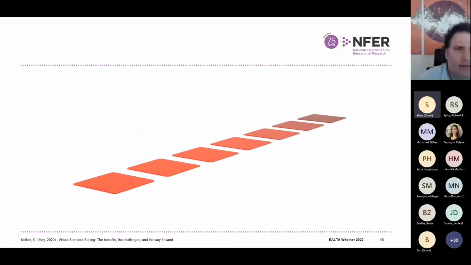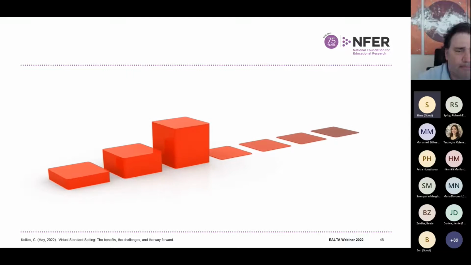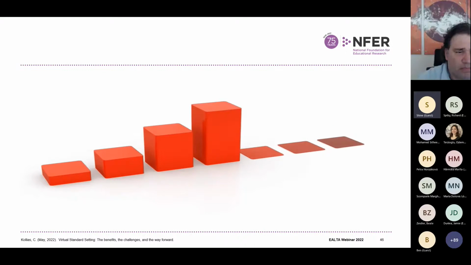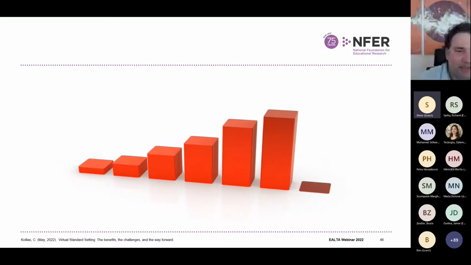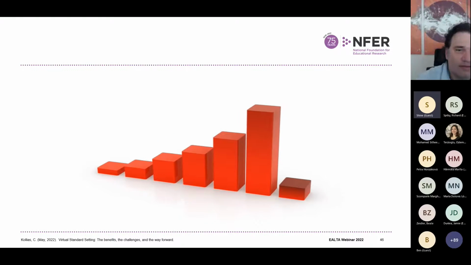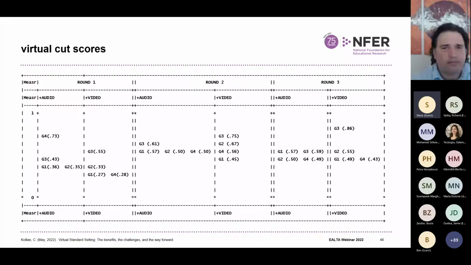So let's see what the results were. I love this slide. One of my favorite ones. So for the quantitative judgments, and these are the virtual scores, let me just use my laser again. Okay, and we're comparing the virtual cut scores.